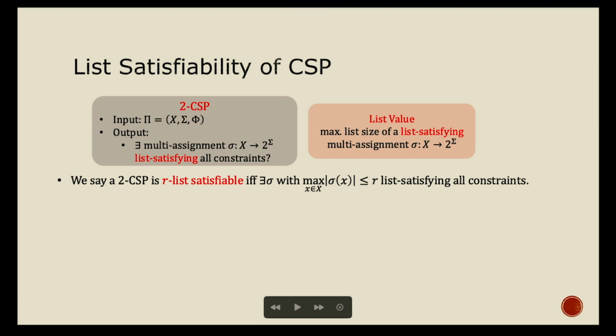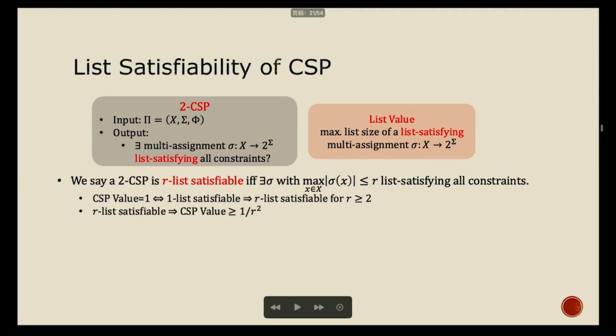Okay, we say a CSP is R-list satisfiable if there is a multi-assignment with maximum list size R that list satisfies all the constraints. 2 quick remarks here. First, CSP value is 1 is equivalent to saying the instance is 1-list satisfiable.